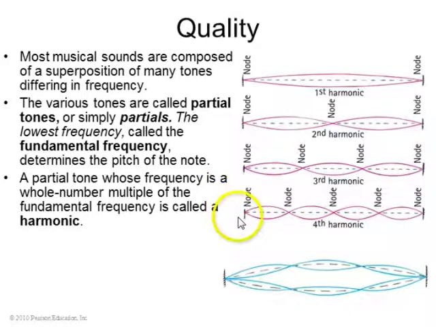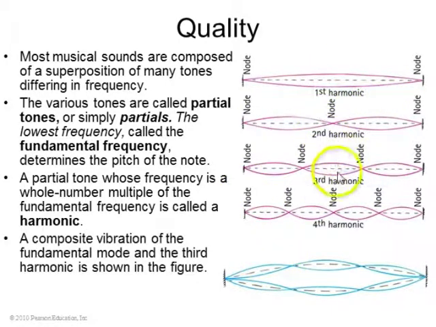Well, any tone played on a real musical instrument is actually a sum of the lowest harmonic plus a lot of these upper harmonics. So for example, you might get a string that's vibrating both in the fundamental mode and in the third harmonic together, and that will produce a certain timbre of sound.